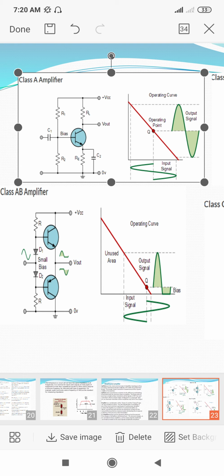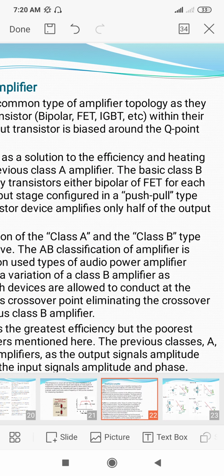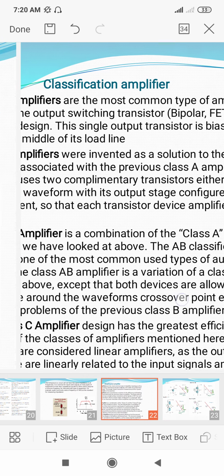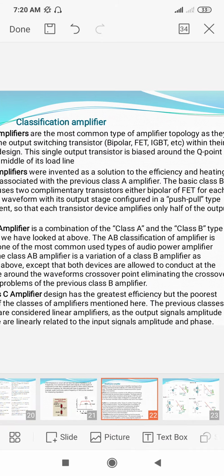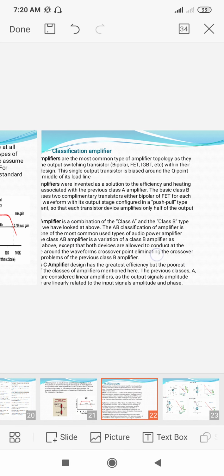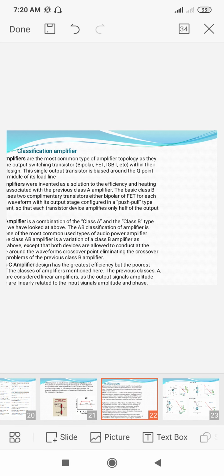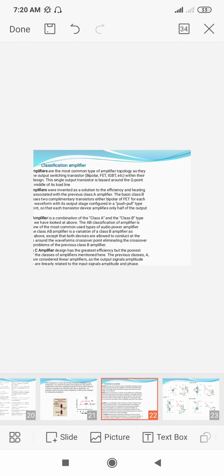This one is the output signal, with positive and negative AC signals. And back to the classifications, next is class B amplifiers.